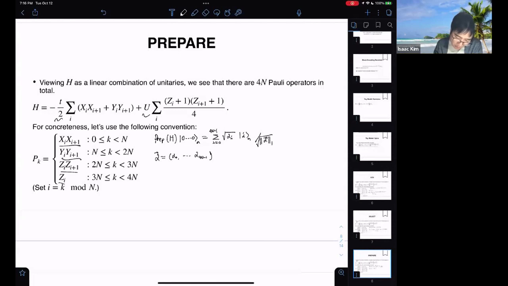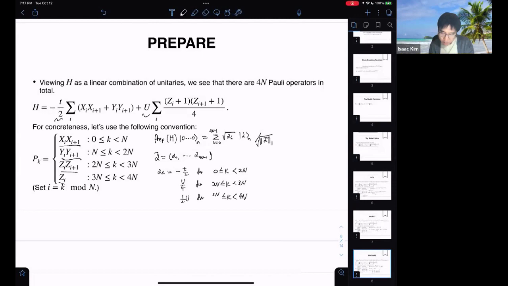So to be more explicit, alpha k would be minus t over 2 for k from 0 to 2n, and let's see, u divided by 4 for k from 2n to 3n, and 1/2 of u for k from 3n to 4n.